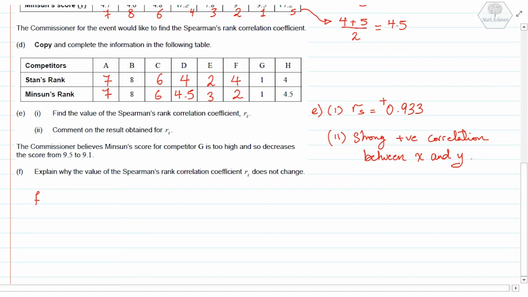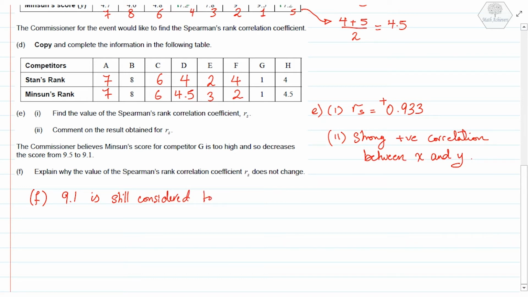The value does not change because 9.1 is still considered to be the largest value, so it is still ranked as 1.